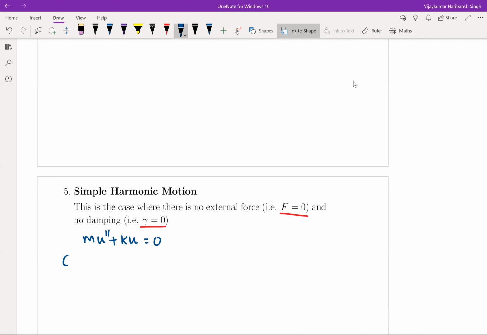So the characteristic equation is m r squared plus k equals 0. This gives us r equals the square root of k by m, with a plus or minus i sign.